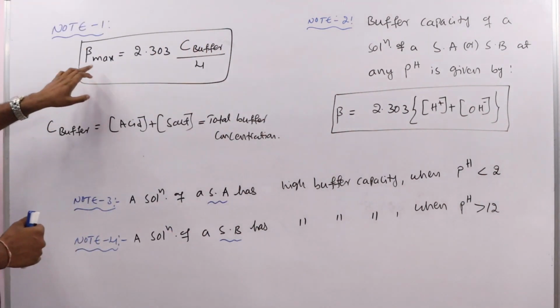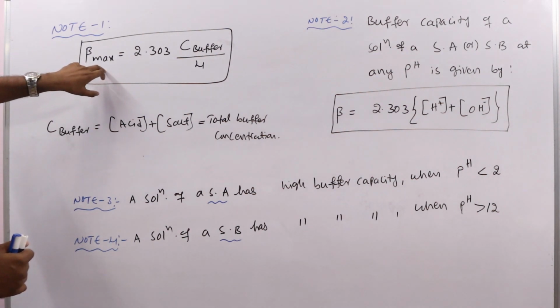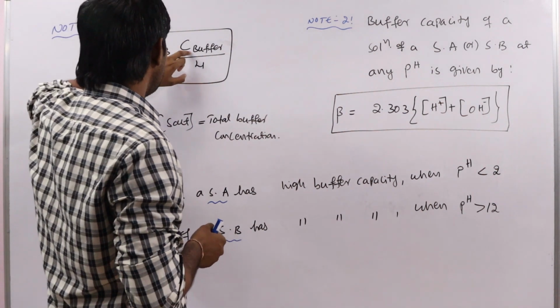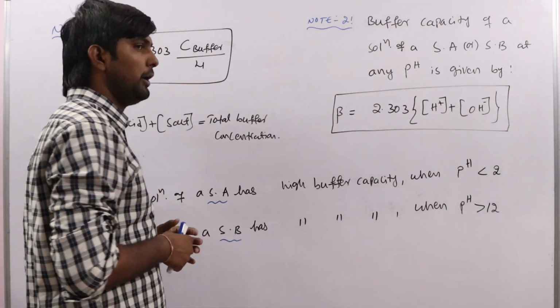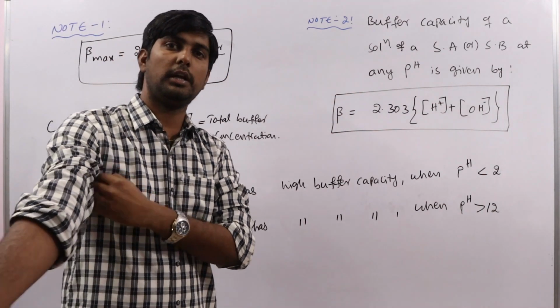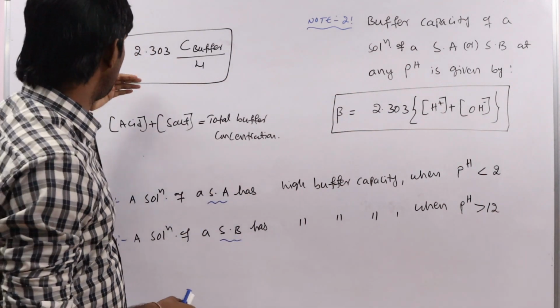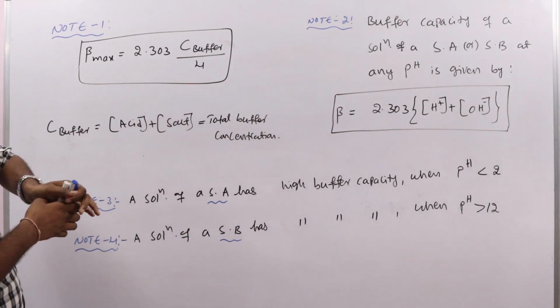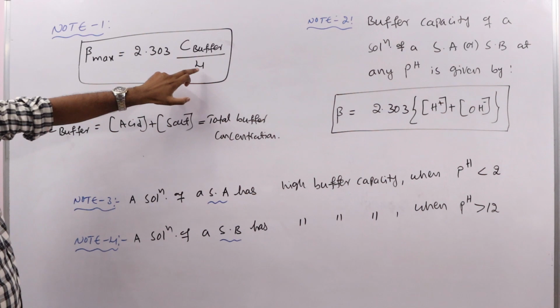So beta maximum, the maximum buffer capacity, is equal to 2.303 C, concentration of buffer, divided by 4. This derivation is not necessary at the intermediate stage. Directly we have to remember this formula: 2.303 into concentration of buffer by 4.